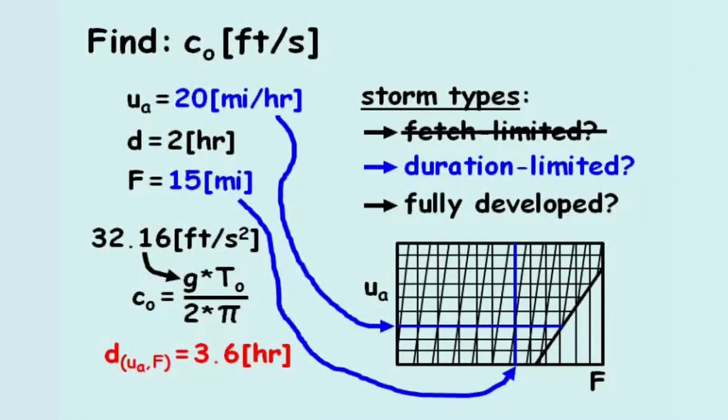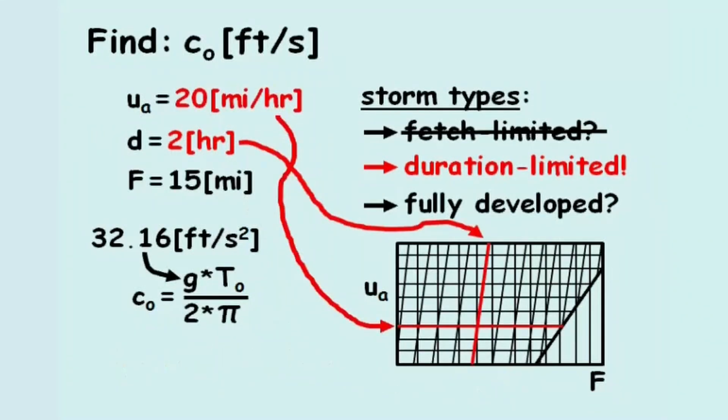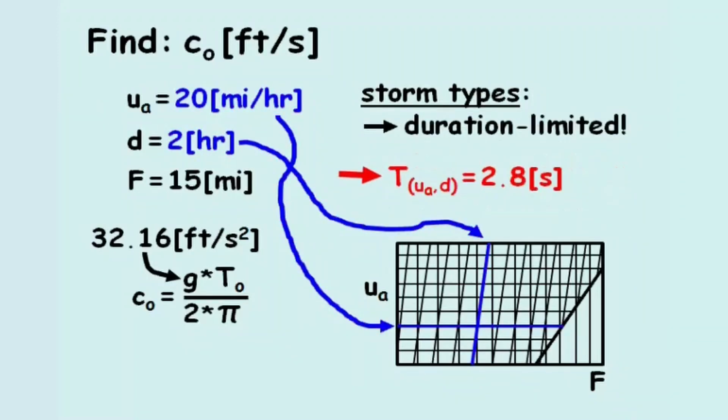Since the storm only lasts 2 hours, this is a duration-limited storm, and we must use a duration of 2 hours when determining the maximum wave characteristics. When using a 20-mile-an-hour wind speed and 2-hour storm duration, the wave period equals 2.8 seconds.